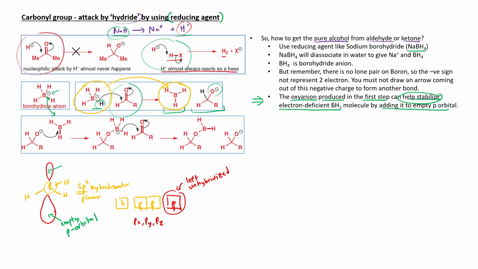So now you have this oxo anion, and the BH3 is somehow electron deficient. Because this oxo anion is electron rich, it will act as a nucleophile and attack this empty orbital.